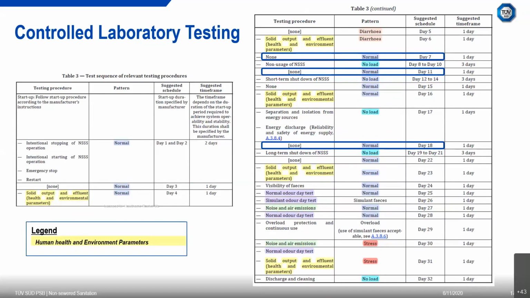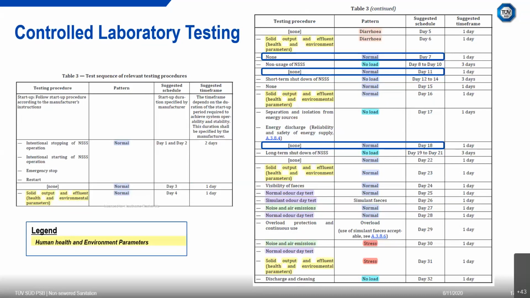It also made sense to group the tests by nature. Also included in the test sequence are non-usage of the NSS on day 8 to 10, short-term shutdown on day 12 to 14, and long-term shutdown on day 19 to 21.